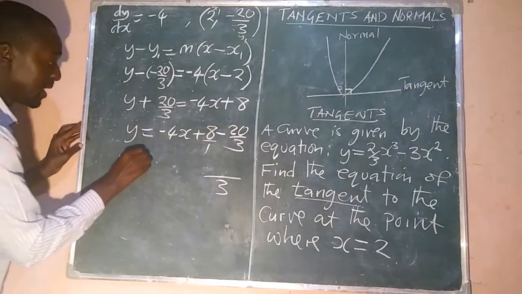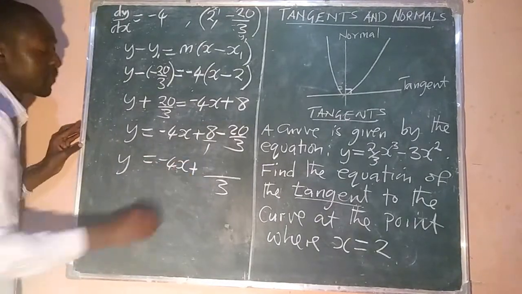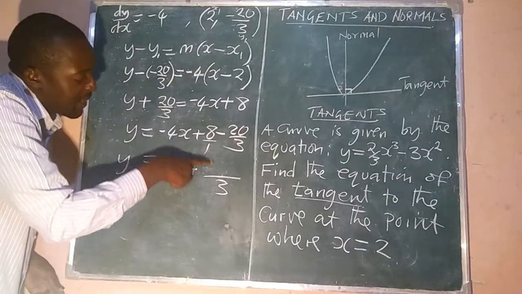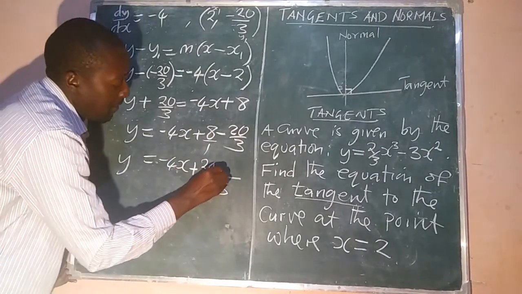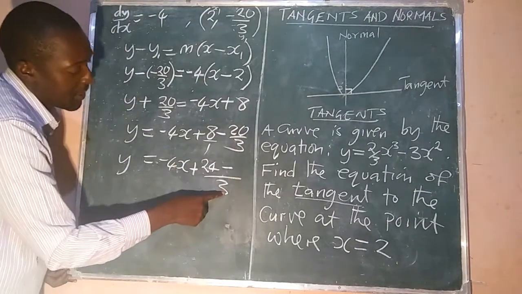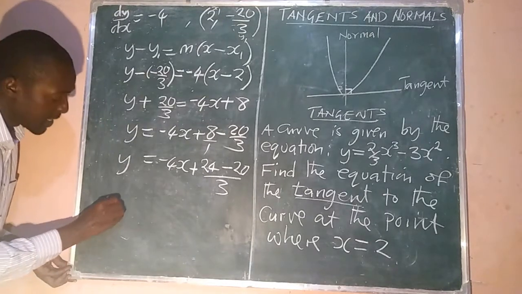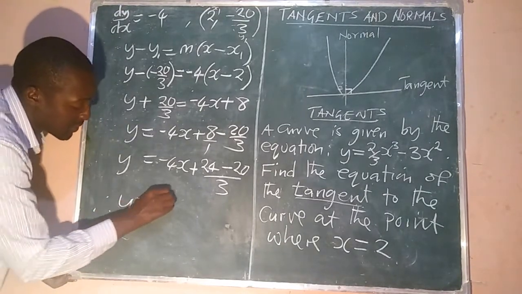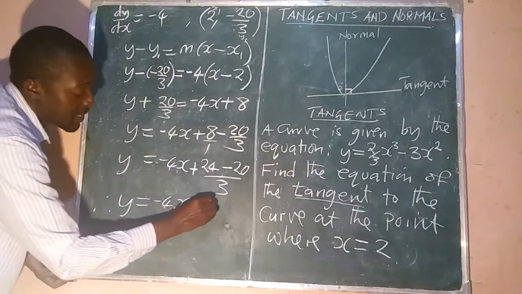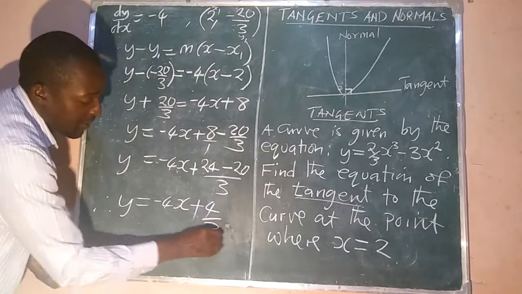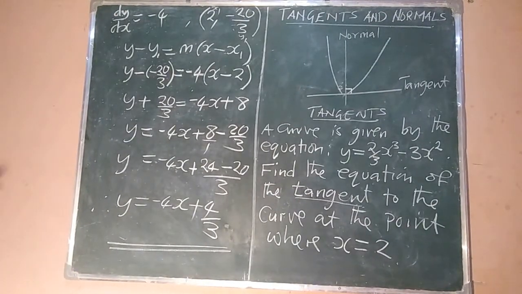So y is equal to negative 4x plus, 1 into 3 is 3, 3 times 8 is 24, 24 minus 3 into 3 is 1 times 20, you have 20 there. Therefore, the equation of the tangent is y is equal to negative 4x plus 24 minus 20, which is just 4 over 3. This marks the end of our lesson on tangents. Thank you very much.